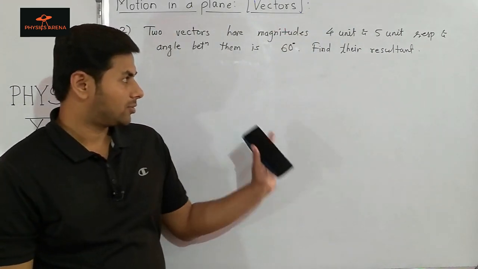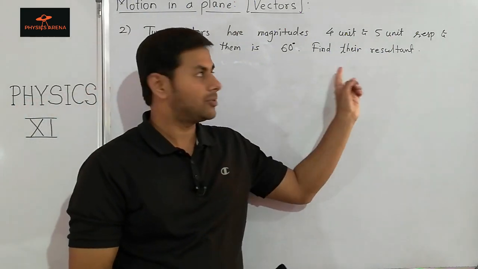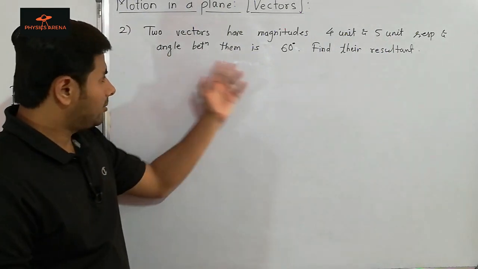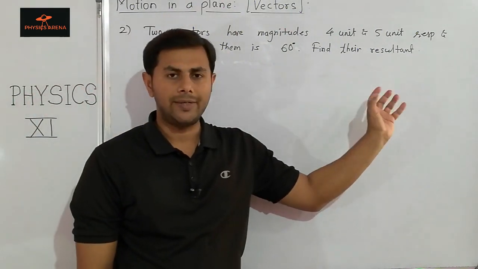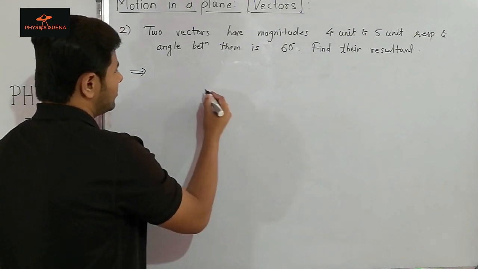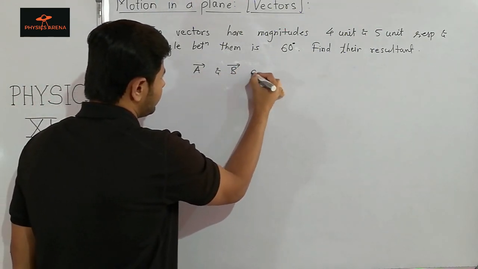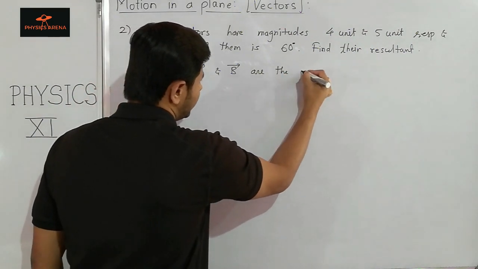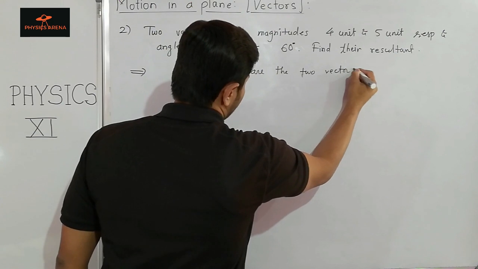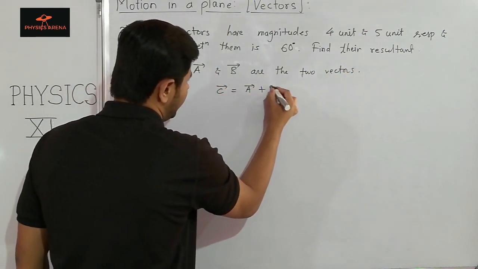Okay, so another simple problem. Two vectors have magnitudes 4 units and 5 units respectively. Angle between them is 60 degrees. Find out their resultant. So let's take two vectors. Suppose a bar and b bar are the two vectors and c bar equals a bar plus b bar.